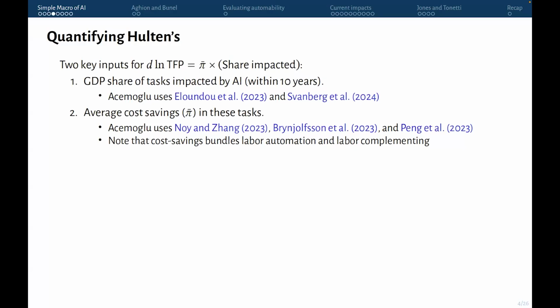I think it's fair, if you want to think about it as just labor augmenting, you could, but you could also think about it as that task itself being broken up into smaller tasks, some of which are being automated, and it's going to go through the same way here, basically. Because when you have this extensive margin automation, that means that it's cheaper to use the capital for the same level of productivity, so you're getting the same sort of productivity effects.